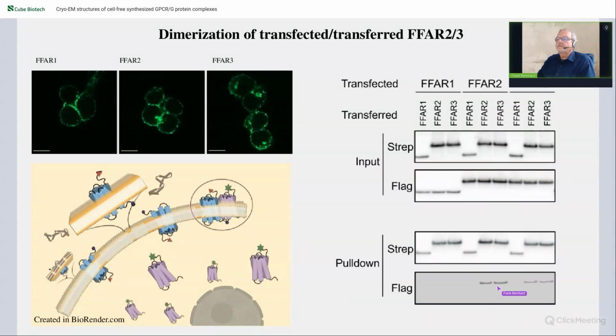Transferred FFR3, so this is a heterodimer, and here vice versa. We do not have any pull-down with transferred FFR1, and this is as it should be, because FFR1 does not recognize short chain fatty acids, but long chain fatty acids. And it's known that it has nothing to do with free fatty acid receptor 2 or 3.